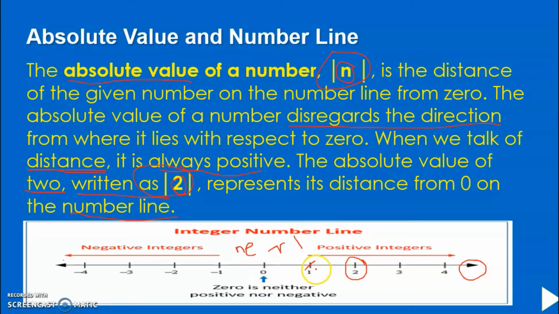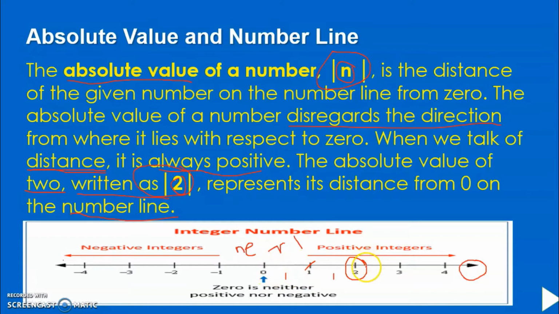So from 0 to 1 there is 1. From 1 to 2 there is 1. We count the distance units from 0 to 1, it is 1, and another one from 1 to 2, it is 1. We count it one by one.